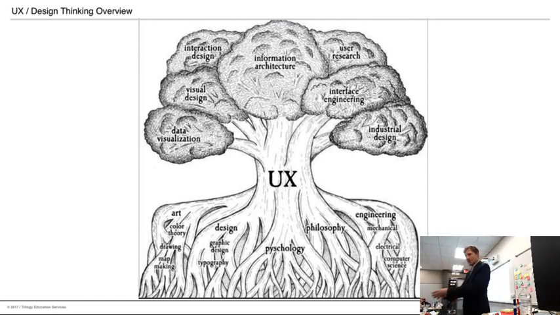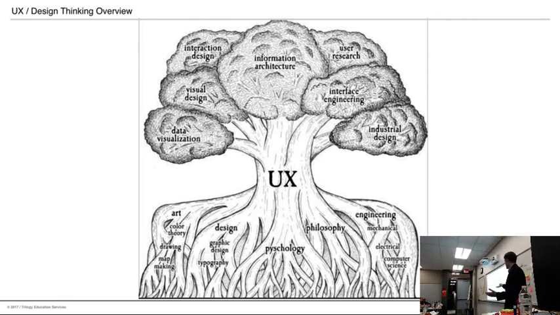The trunk of the tree is the user experience design, and the branches go out to different things, from industrial design to information design to visual design to user research. But we also are underpinned in the soil by human factors, by psychology, by graphic design and typography, by color, by art, by all these things that kind of feed this.